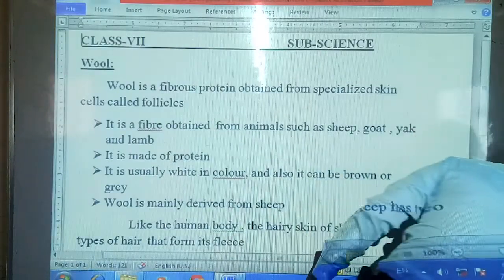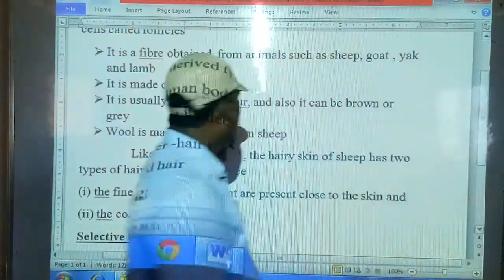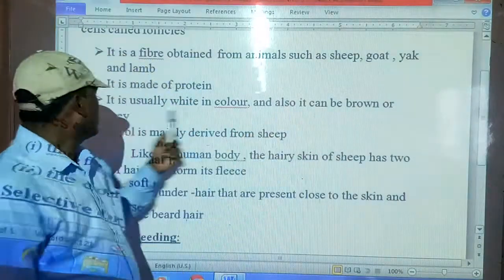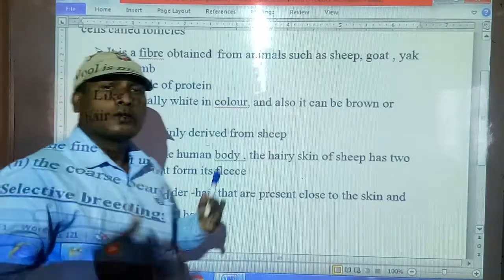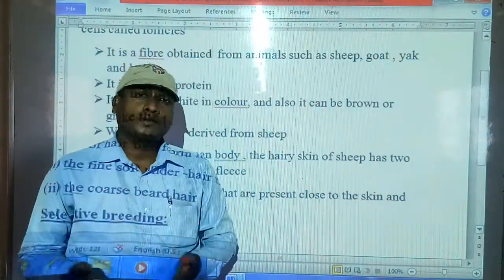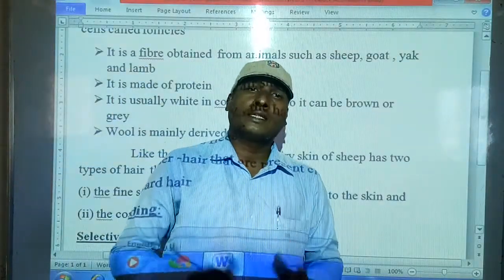Next, it is usually white in color, and also brown and grey. Generally wool is white, but some wools are brown as well as grey in color.